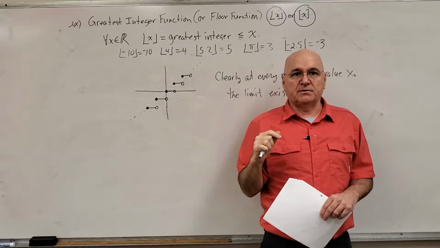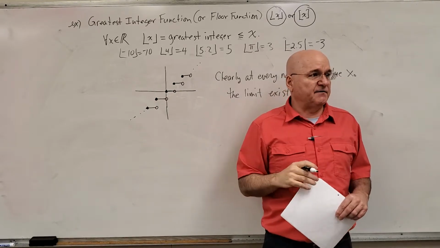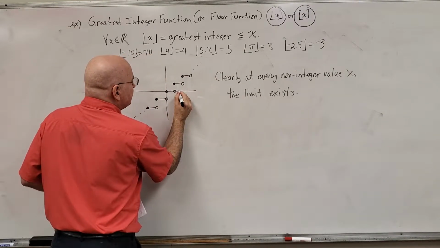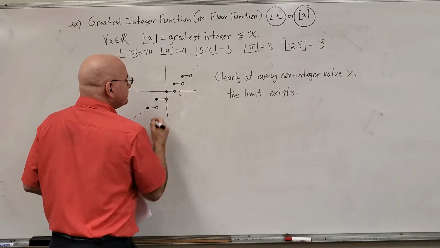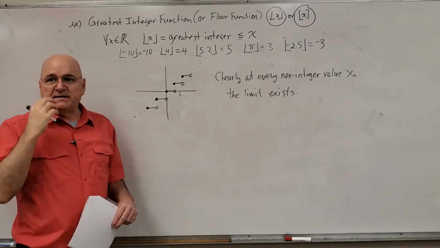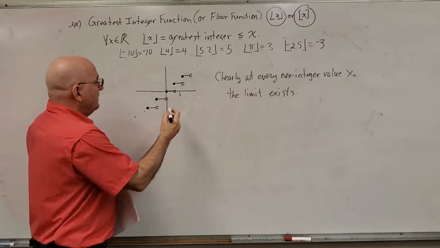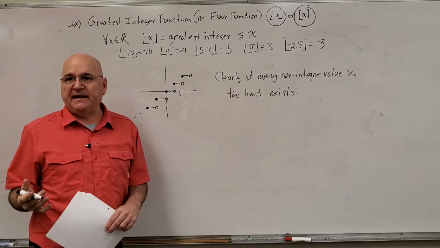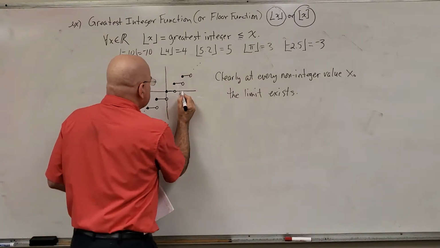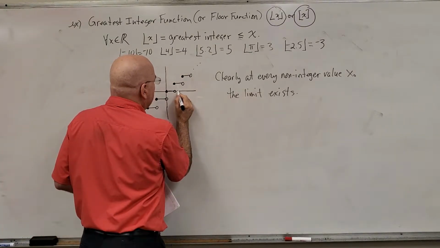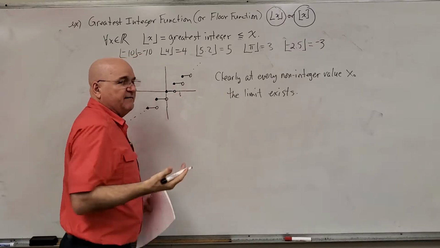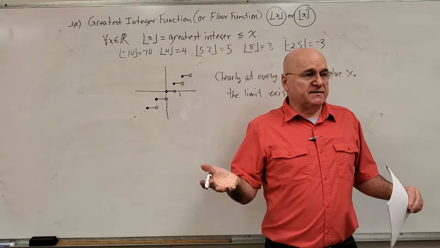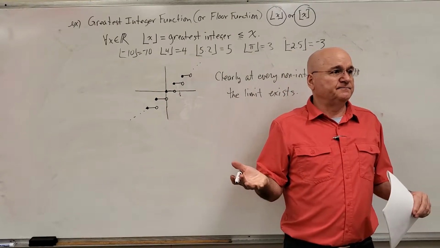So the limit of that function would be whatever the height of the function is there. Any question on why this is true? For example, this would be 3/2. The limit exists at 3/2 because f of 3/2 is 1, and if you approach 3/2 from either direction, all of those numbers that are close to 3/2 also have a height of 1. So the proof of that would be similar to just proving that the constant function has a limit.